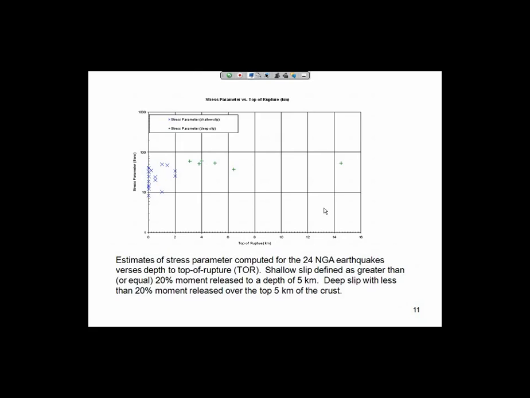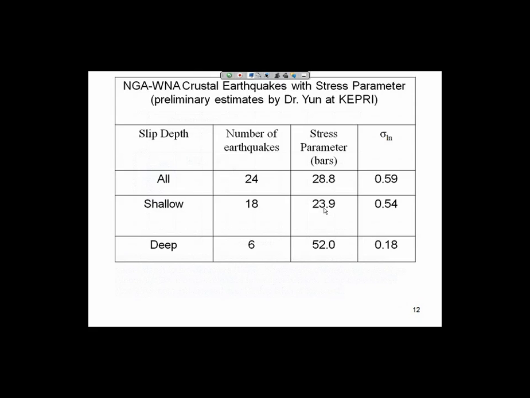This we summarize in this table. And these are preliminary estimates done by one of our colleagues at Kappa in Korea. So now we're looking at a set of 24 earthquakes, 18 shallow and 6 deep, and the stress parameters are summarized, and so is the standard deviation in log space.